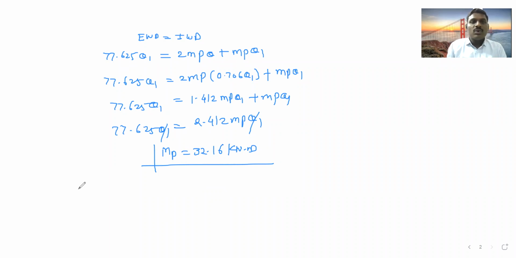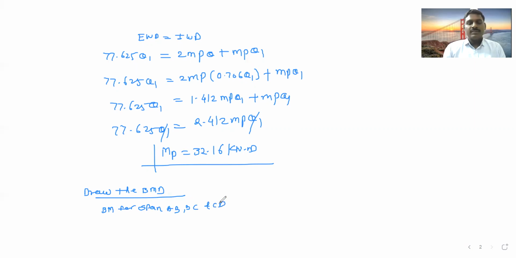So now we have to draw the BMD for this particular section. For the calculation of BMD, we have to first calculate the bending moment for spans AB, BC and CD.